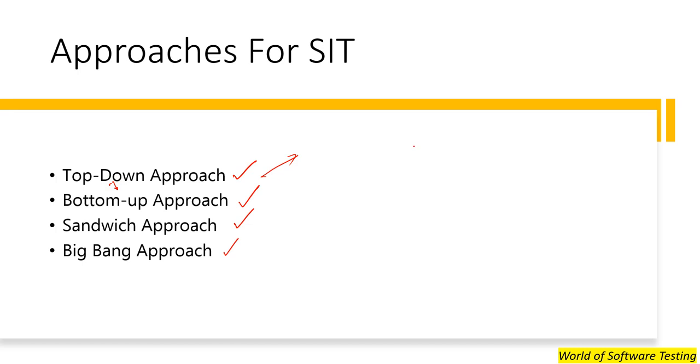So if we consider the top-down approach, these are the top modules. So these will be tested first, and then the bottom ones. These are developed first, and these are under development.